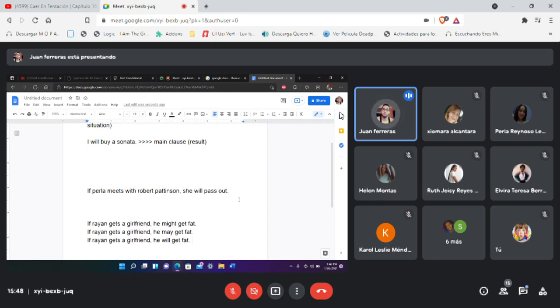Es más inclinado a que no se volverá gordo a que se volverá gordo. Es una posibilidad de un 20%, 30%. Si utilizo may, if Ryan gets a girlfriend, he may get fat, es una probabilidad de un 50%. Está 50-50, 50 de que se vuelva gordo y 50 de que no se vuelva gordo.